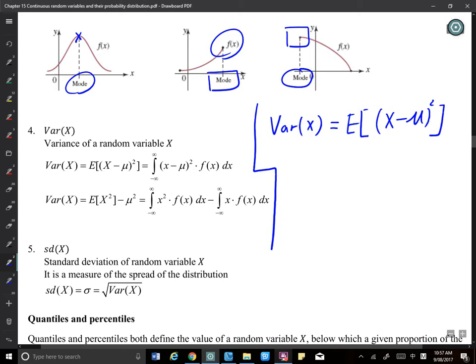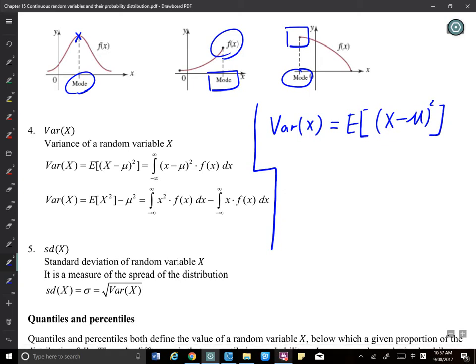We want to find the expected value of the distance from all the x to the mu, the difference between the x and the mu. I've shown you how to do that, and I said I don't really like this method. This is not a preferred method.